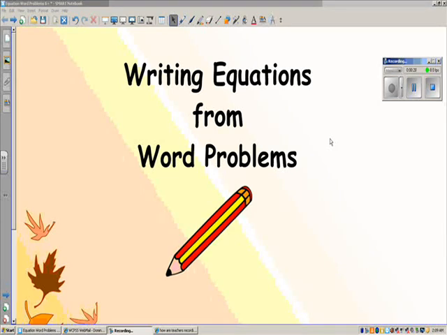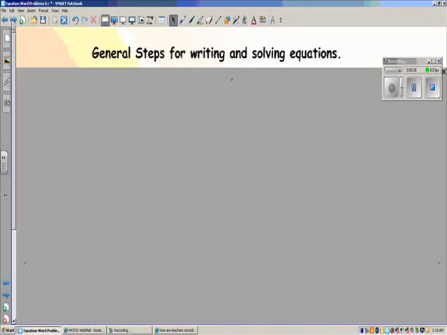So again, our task is writing equations from word problems. First I want to go over just some general steps for writing and solving equations. I'll preface this by saying that we spent our whole last unit working on translating verbal expressions into algebraic expressions and vice versa.